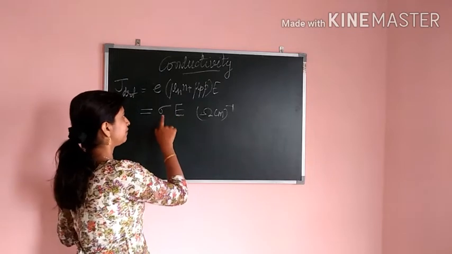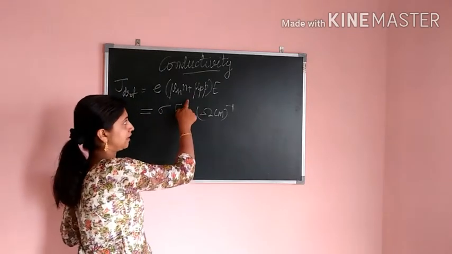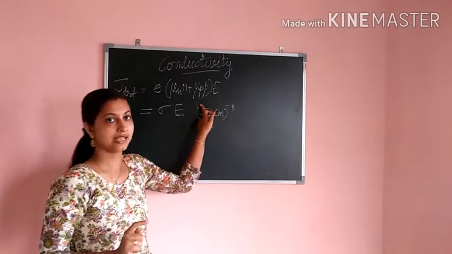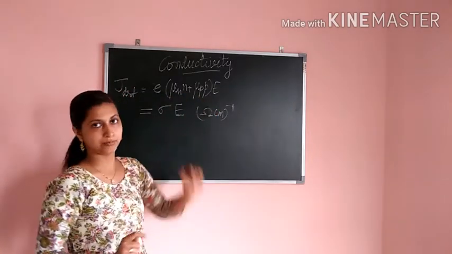From this expression, we can see that the electrical conductivity of a semiconductor is a function of electron and hole concentrations as well as electron and hole mobilities.